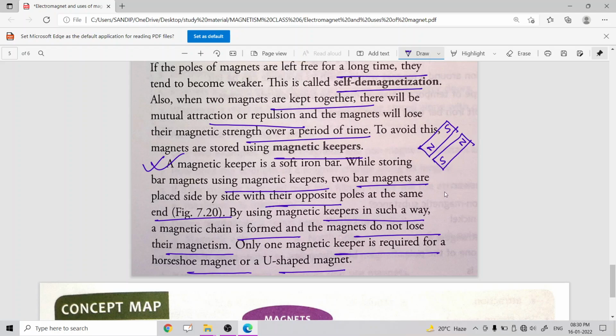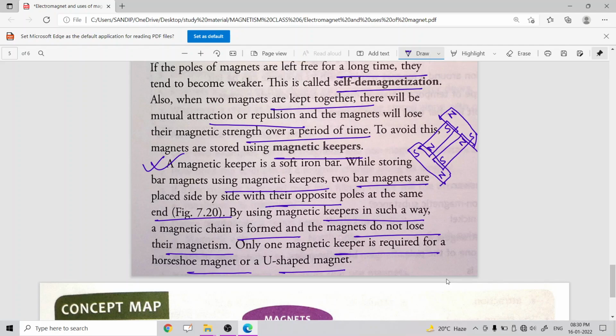This type of magnetic keeper is used. And you can also use a U-shaped horseshoe magnet with this keeper; the keeper means you can use any type of keeper like this. Here this is south, so you have to use north; this is south, here you use south again, and in this case north.